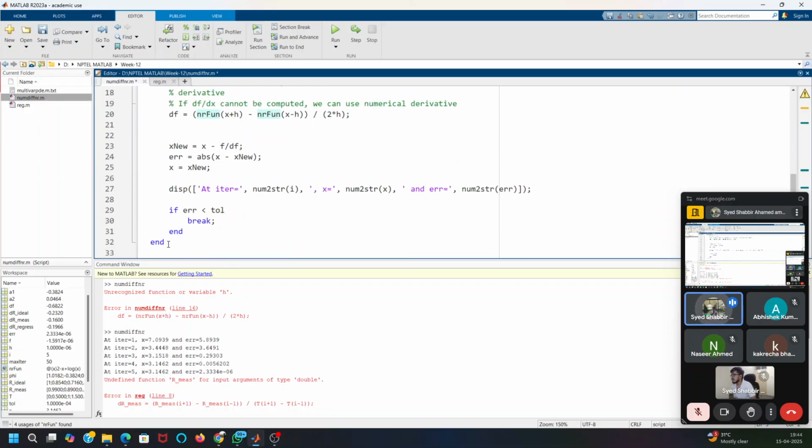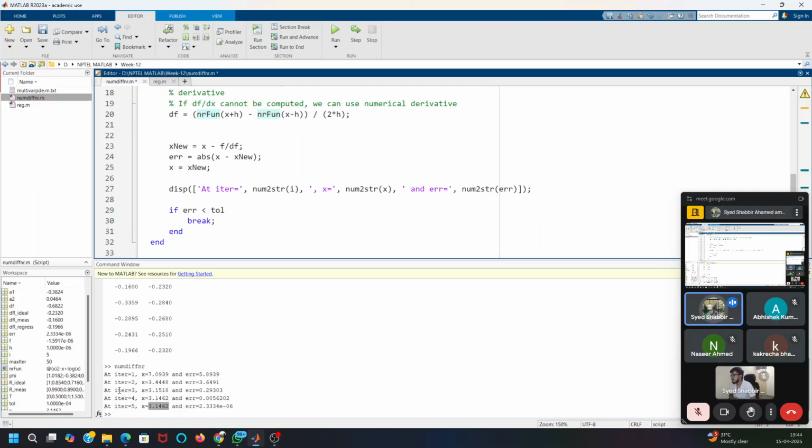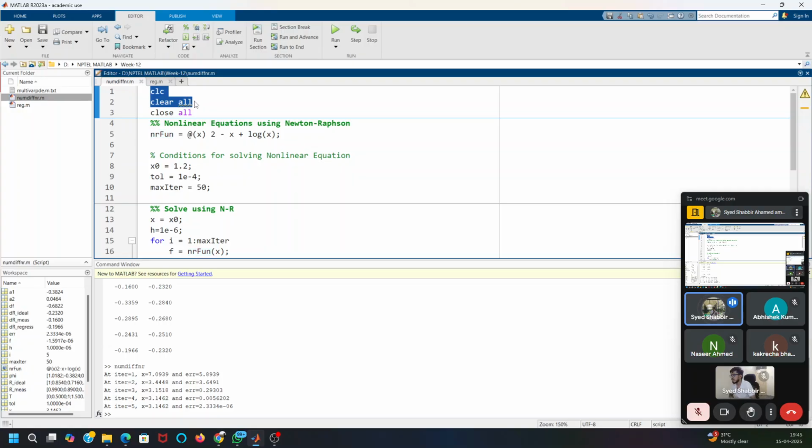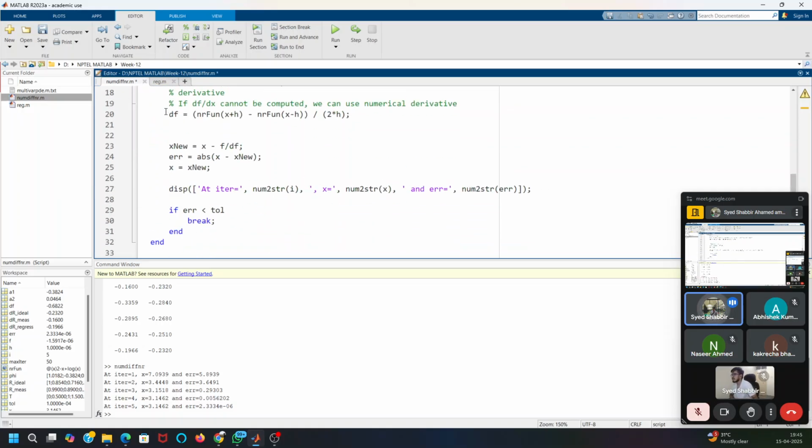Here we have solved it, right? So now I will clear this value, but I won't clear the workspace.